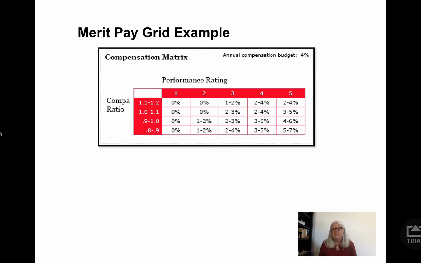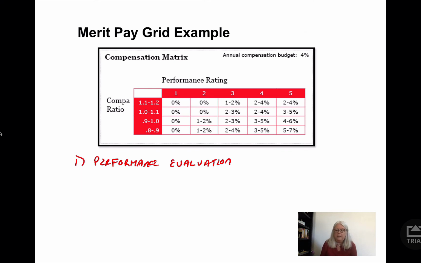Merit pay is the annual increase that employees get based upon their performance through the year. So merit pay is determined by a couple different things. One is their performance evaluation. And we talked in chapter 10 about how we evaluate performance, and we evaluate people on a scale like 1 to 5, for instance, which this example shows.